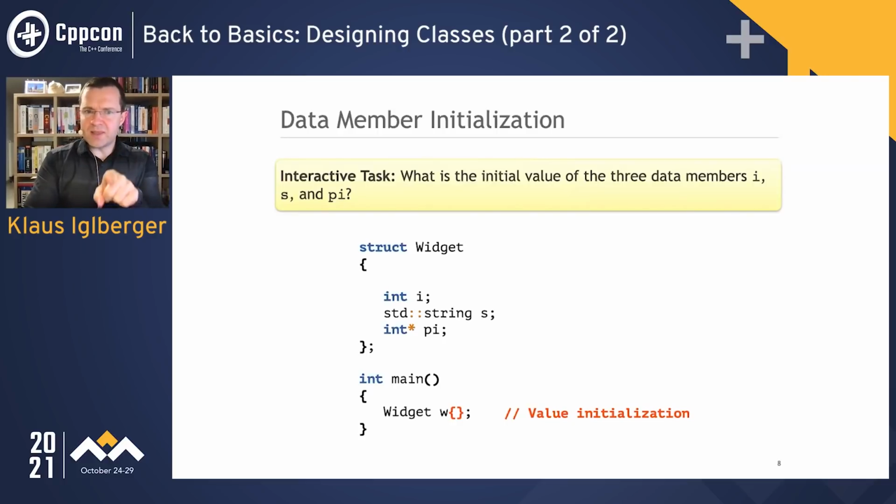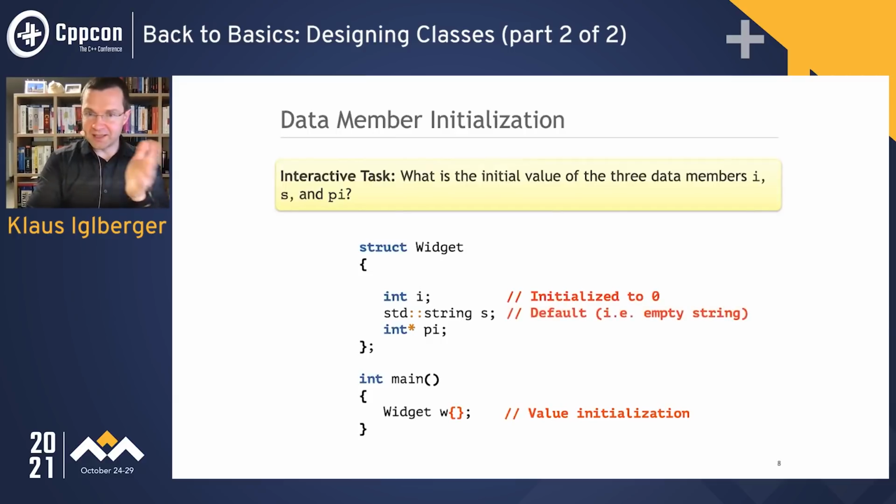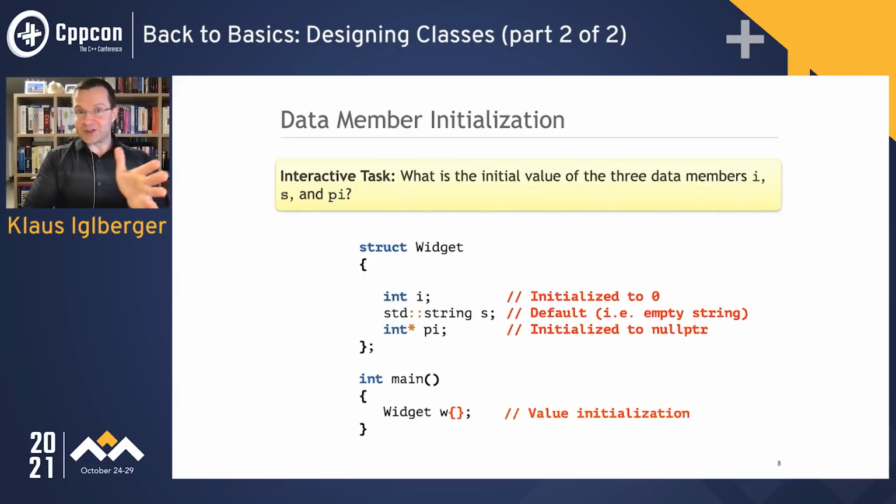By just adding these little braces, suddenly, magically, all of these data members are properly initialized. The integer is 0, the string still is an empty string, which was okay before, and the pointer is a null pointer. Perfect. That is what you want to have. So as a first side remark, remember value initialization.